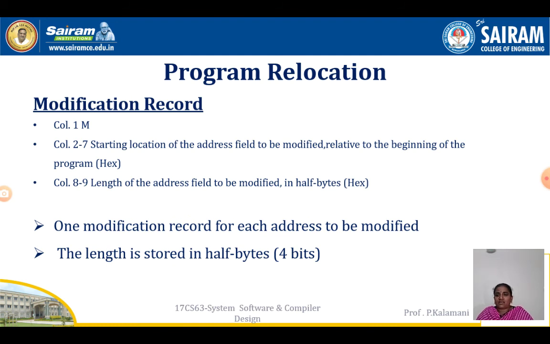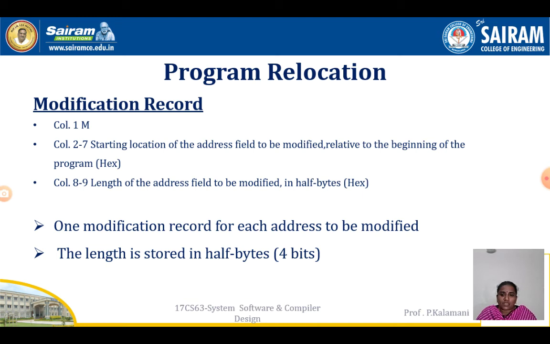Then the modification record: we know the first column represents M, which indicates a modification record, like H represents header record, T represents text record and E represents end record. Columns 2 to 7 represent the starting location of the address field to be modified, relative to the beginning of the program.